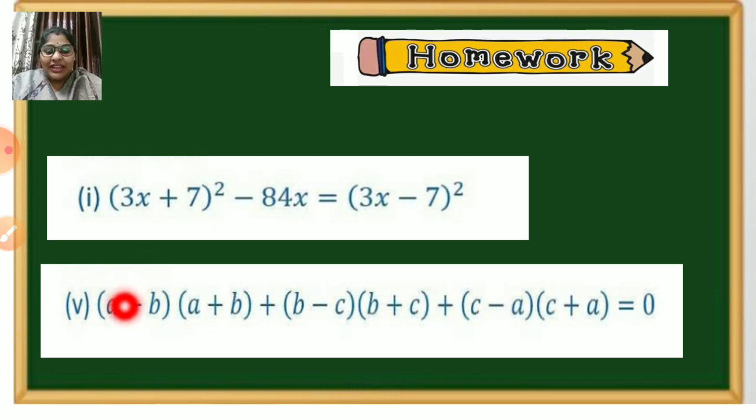Here you will use the identity a plus b, a minus b in all the three terms and check whether it is coming 0 after solving. And here again it is a plus b whole square, and here also a minus b whole square. So both the sides you have to solve and check whether left hand side is equal to right hand side or not. It will be a practice for you.